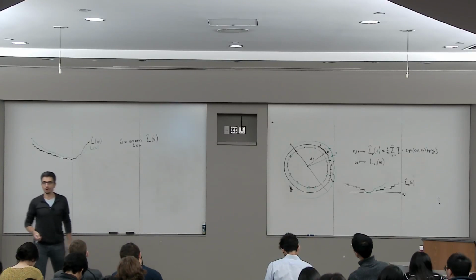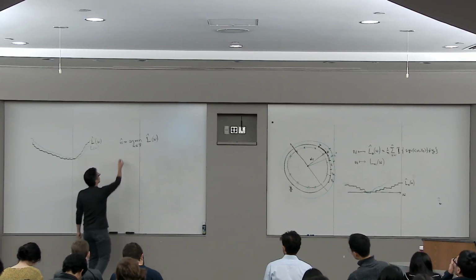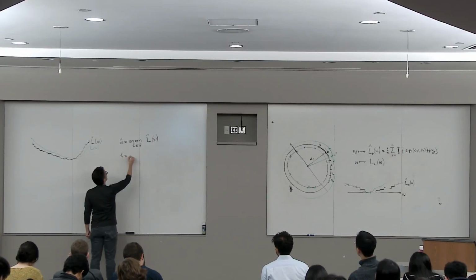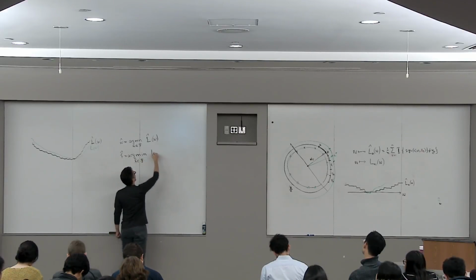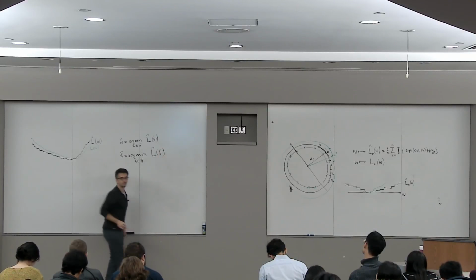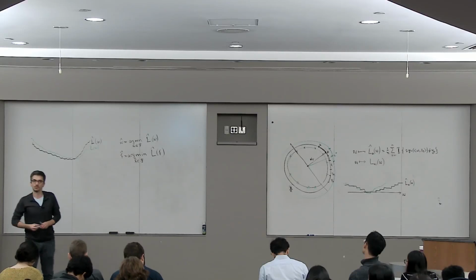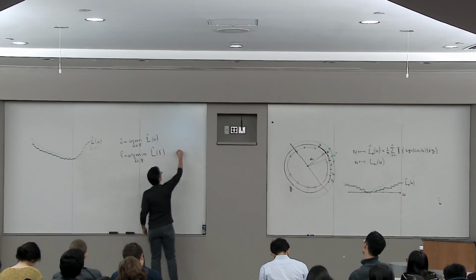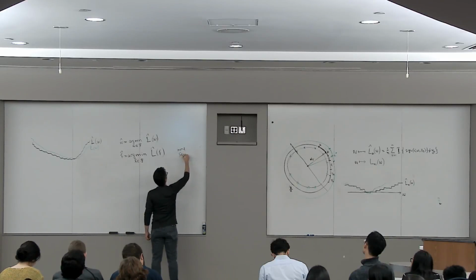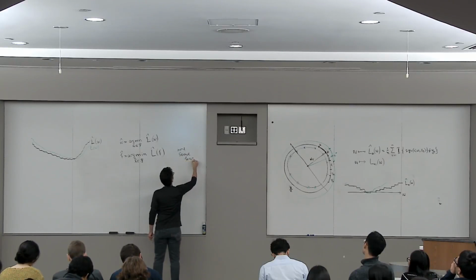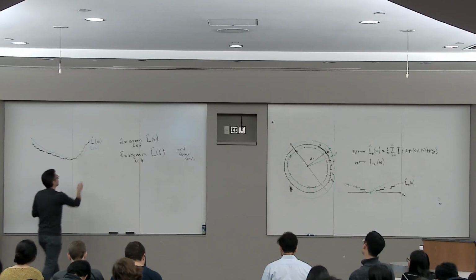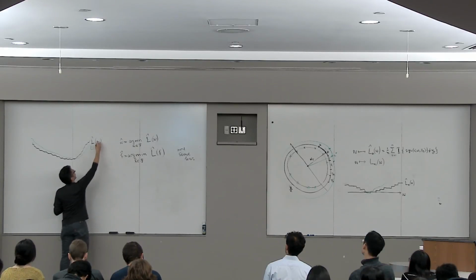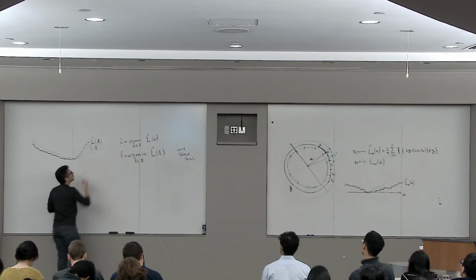And let me go beyond linear functions. I'm going to think of nonlinear functions. F hat is argmin over some f in F of L hat of f, right? With respect to some loss. So let me replace this with arbitrary functions f.